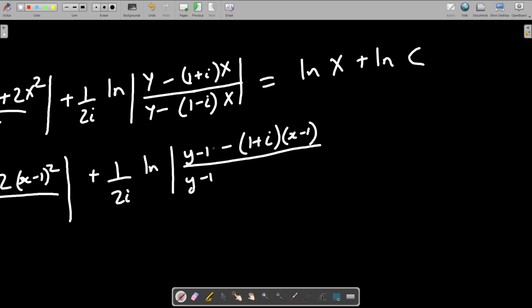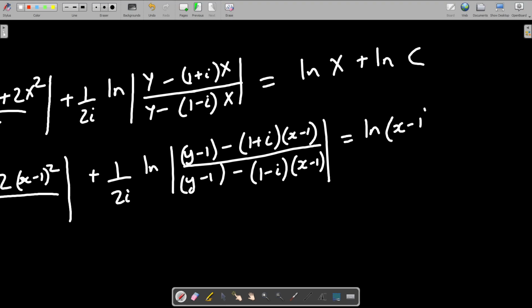So y minus 1, keep this in the bracket, minus 1 minus i x minus 1, equals ln of x minus 1 plus ln of c. Yeah, you could have combined both the statements. Ln of cx, you could have made it. I forgot to do it. Okay, but anyways, we'll stop with this.